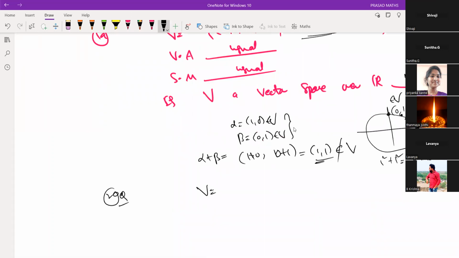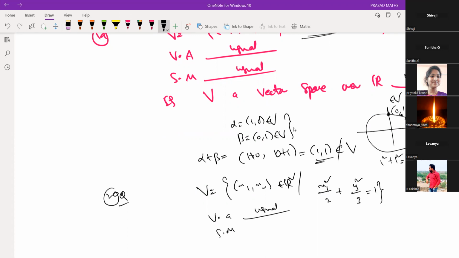Suppose you take an ellipse. Suppose you take vector addition usual. Scalar multiplication also usual. Question: is it a vector space?